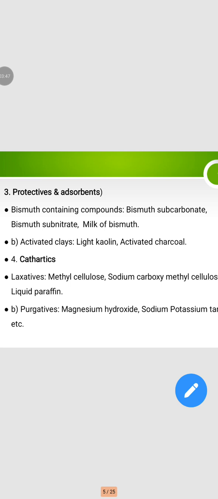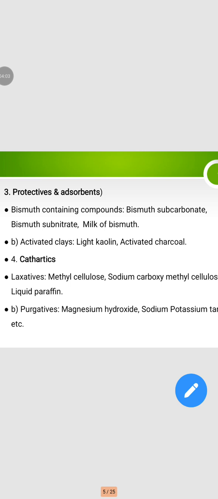Then the fourth type is cathartics. Cathartics are two types, laxatives and purgatives. Laxatives, the examples are methyl cellulose, sodium carboxy methyl cellulose, and liquid paraffin.